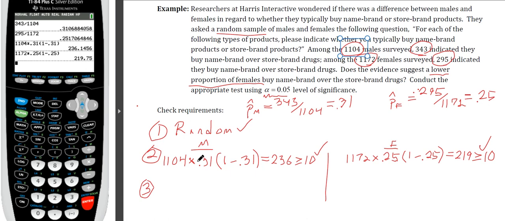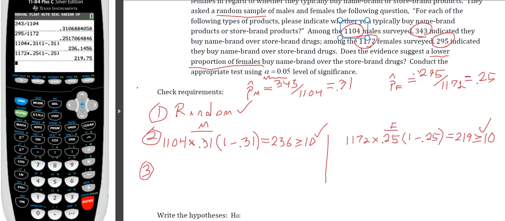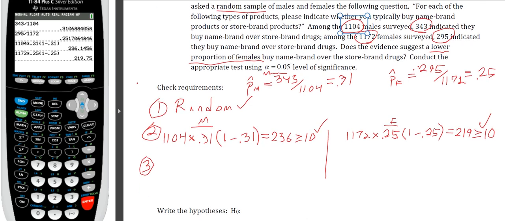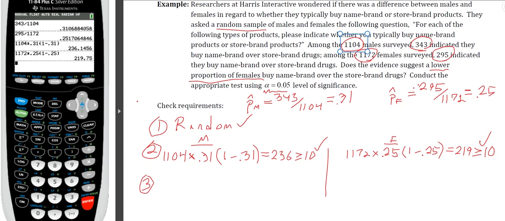Then we just need to make a condition talking about the percentage, or making sure that it's less than 5% of the population. So it doesn't say where the females and men come from, like what country or what type of people they are. They're just males and females.